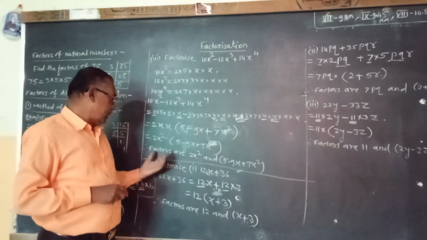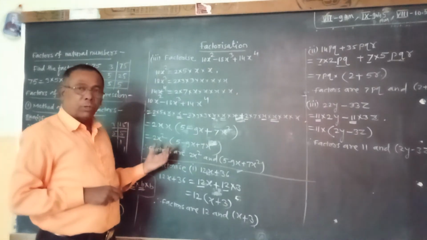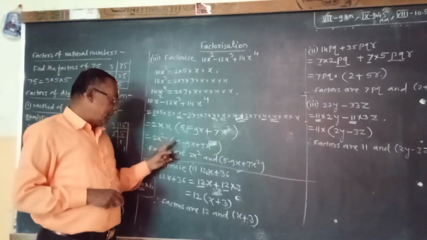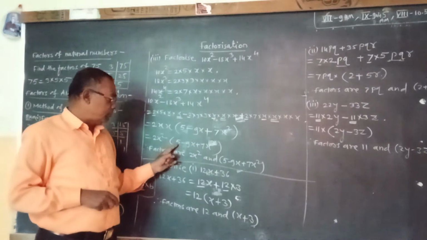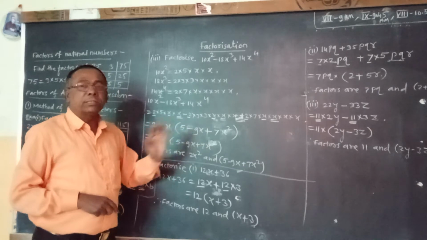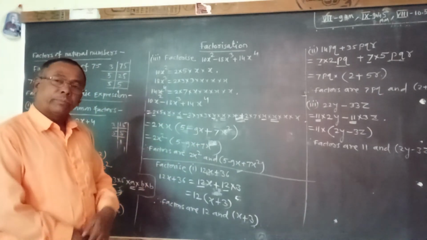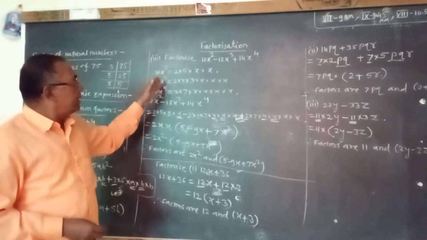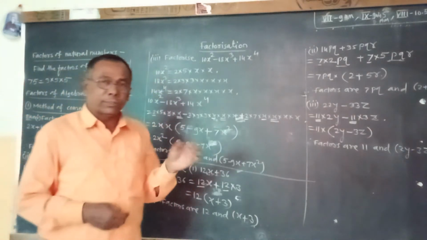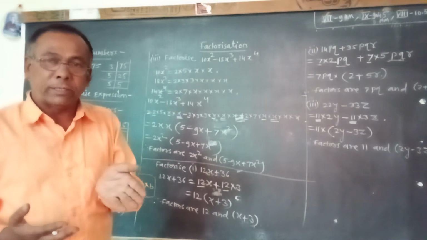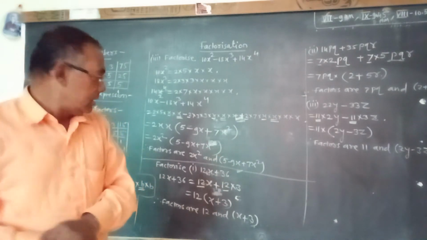Therefore the factors of the given expression are 2x square and the other factor is 5 minus 9x plus 7x square. In this way we are taking common factors outside the bracket and the remaining factors inside the bracket.